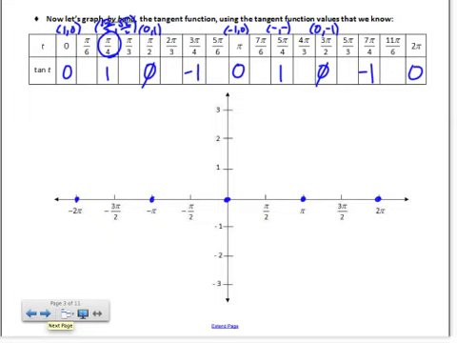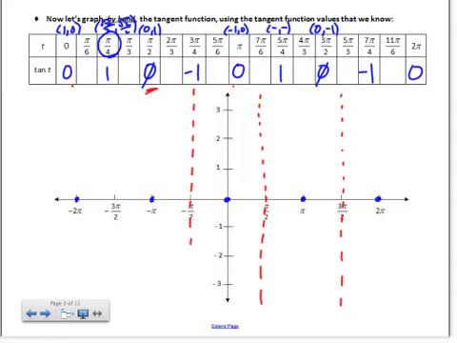Now, halfway between the zeros, from 0 to 0, we have a vertical asymptote. That is happening at pi over 2. And since the period is pi, we're going to have another vertical asymptote at 3 pi over 2, at -pi over 2, -3 pi over 2.